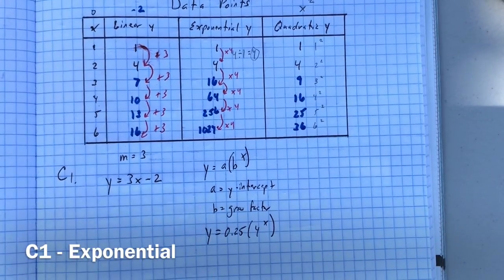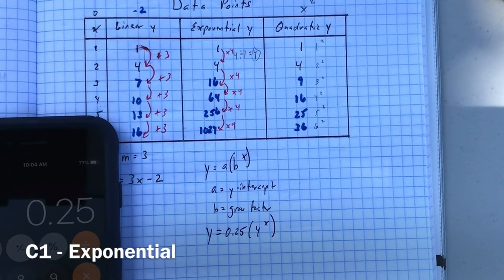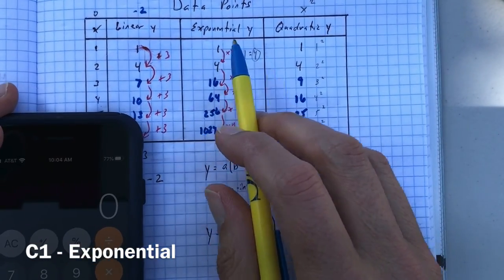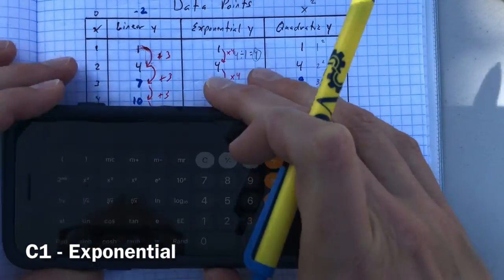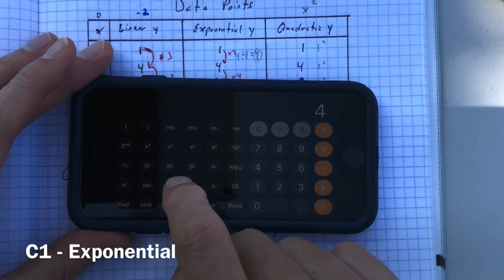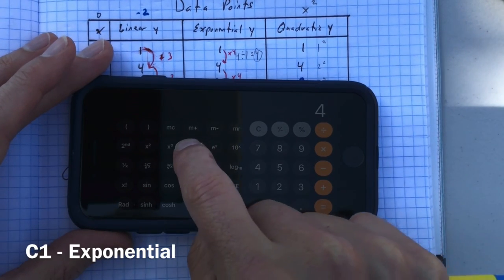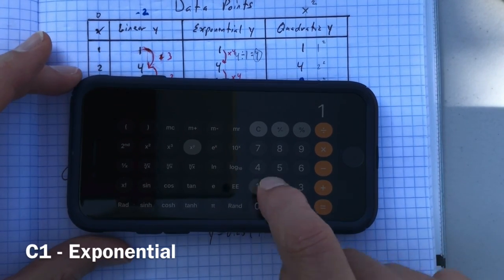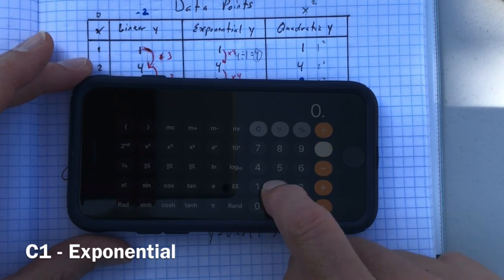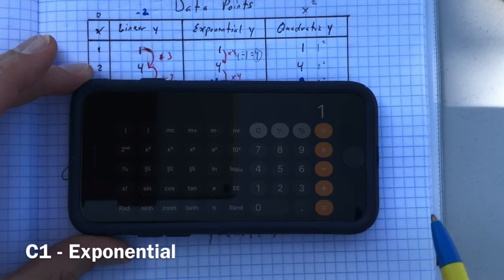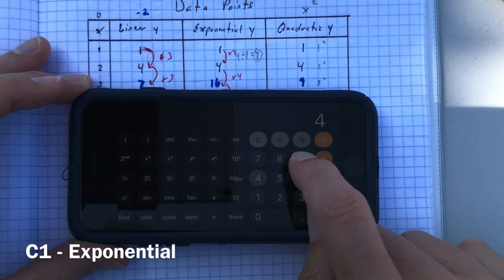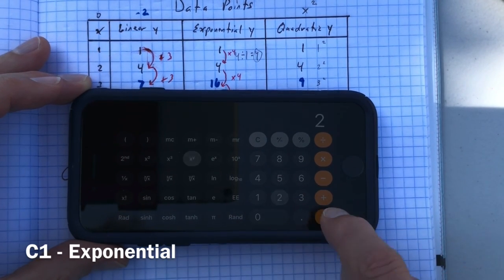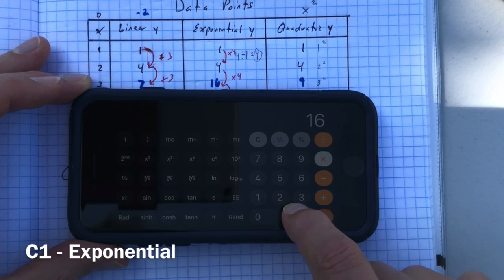And let's test that to make sure we're doing it right. If I do 4 to the first power times 0.25, there we go, we get our 1. Okay, let's try another one. 4 to the second power times 0.25.